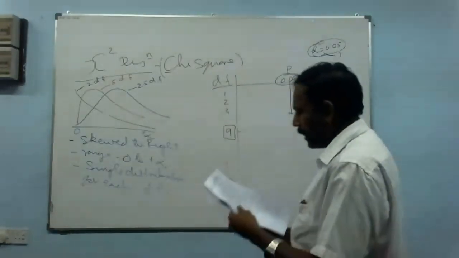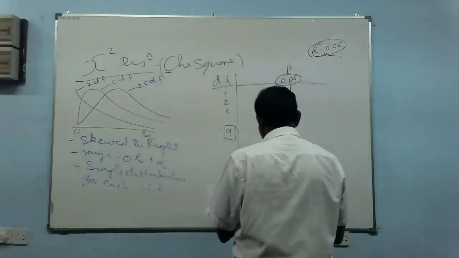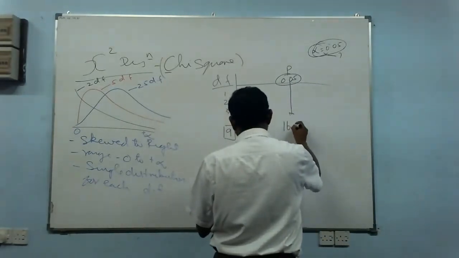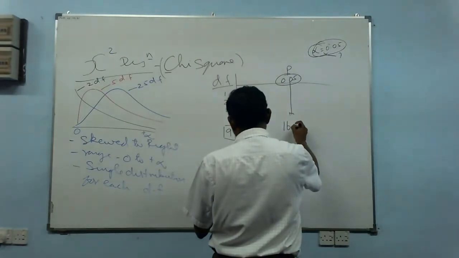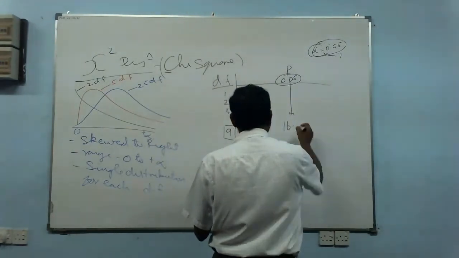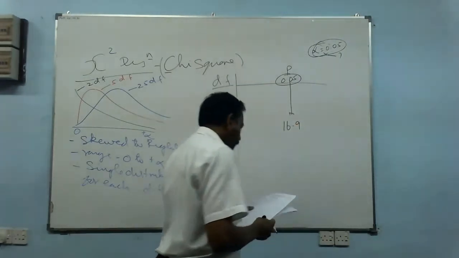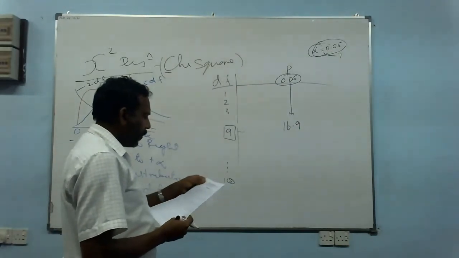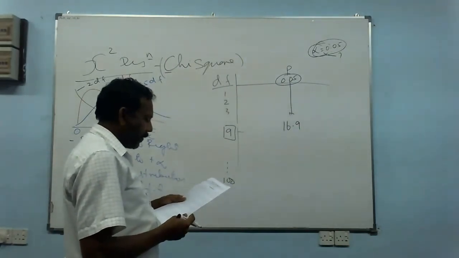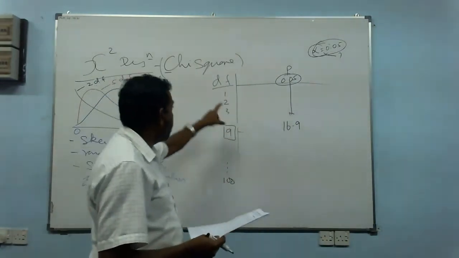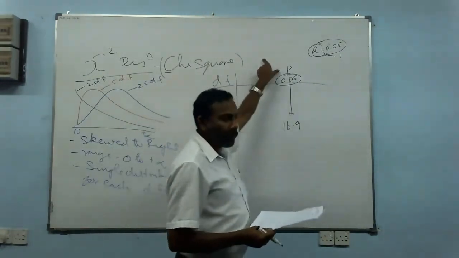Yes, 16.9. So this is how we can give the values for different degrees of freedom and different probability values.